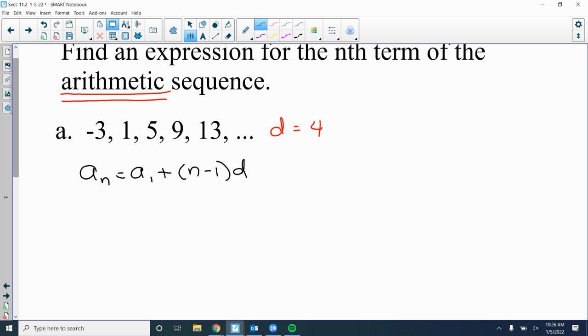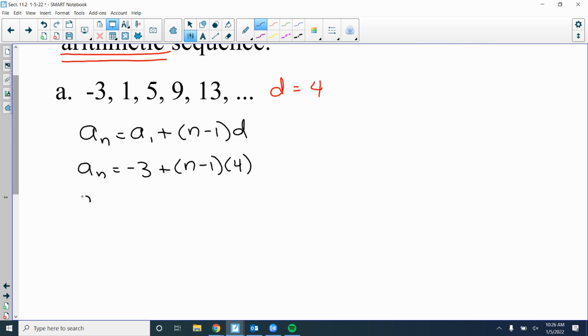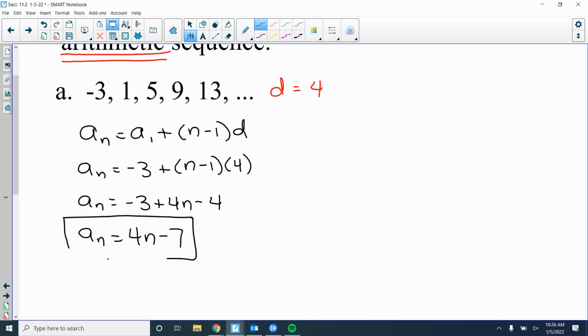Okay, and yeah, you could probably figure it out, but like I said, I'm still going to go through the procedure. So here, all I have to do is plug in the values I know. a sub n equals the first term, -3, plus n minus 1 times 4. Distribute the 4. I get 4n minus 4, and then just combine like terms. a sub n equals 4n minus 7.